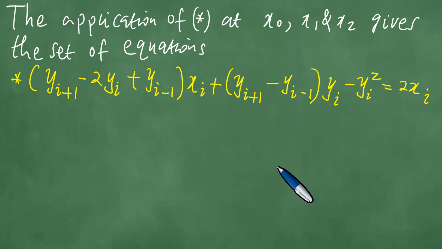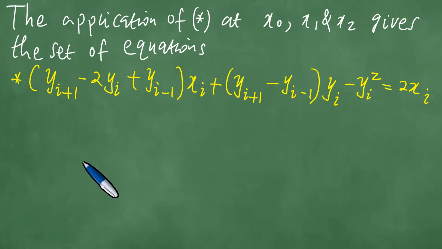Right, so obviously, a couple of things are very essential here that we will take into account. And now the application of star at these points x0, x1, x2 gives a set of equations. What are the equations and how many will they be?